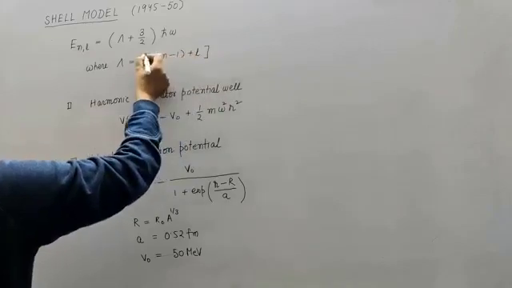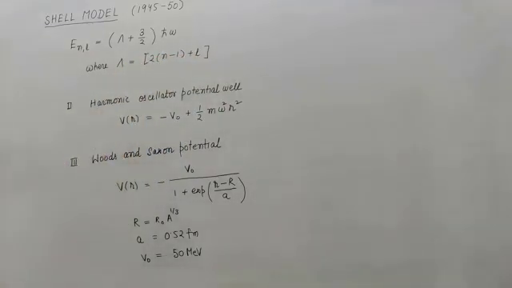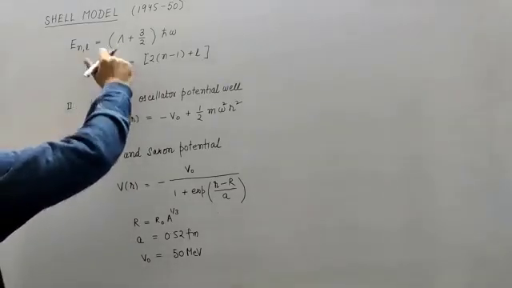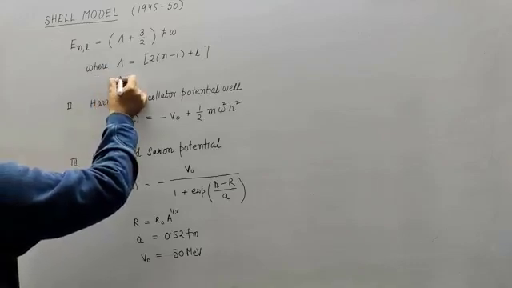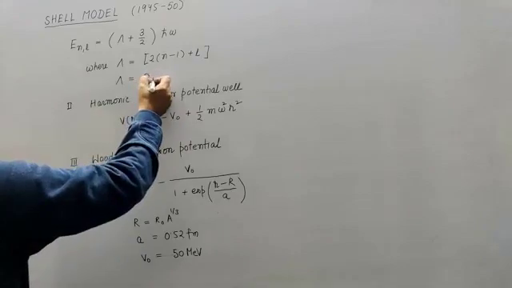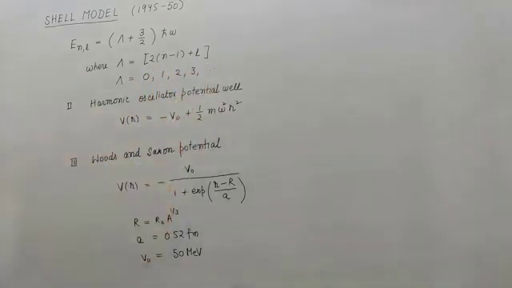This lambda can have values 0, 1, 2, 3 like this. You are already aware of these things. You have studied all of this in your quantum mechanics course.